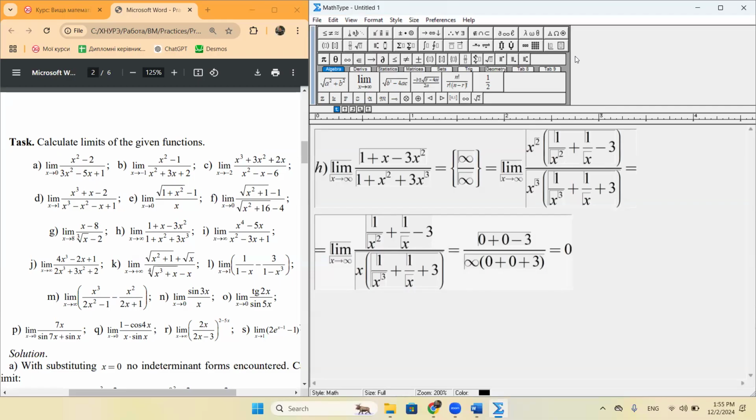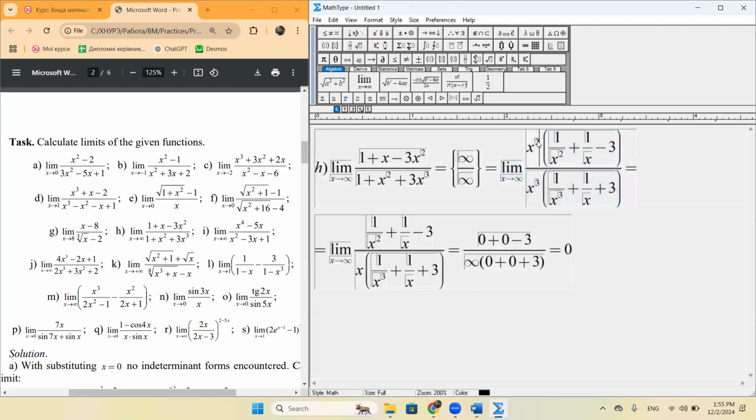Well, yeah, I understand the idea. We can move out of brackets the highest power, and basically it will be more informative and more useful for us. Yeah, better to do like this.